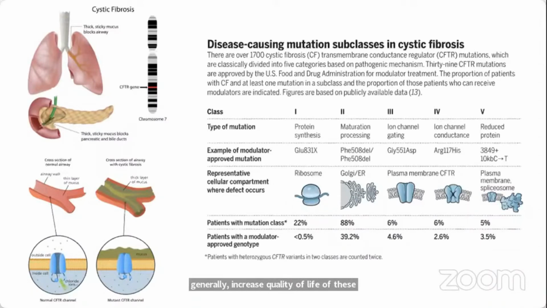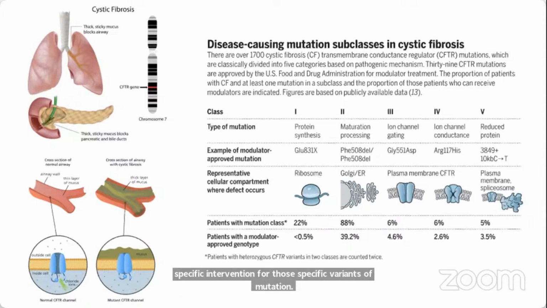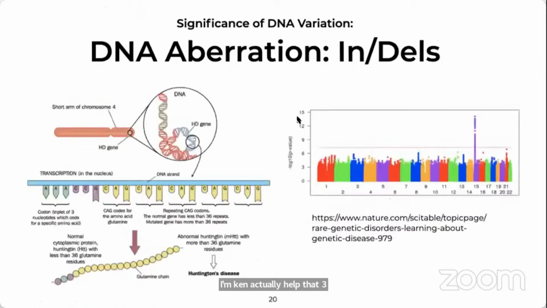Until now, we have only succeeded in extending the life expectancy of these patients, and when we end up improving the quality of life, then people can consider this a success story. But nonetheless, understanding the mutations at several different molecular levels will help us generate specific interventions for those specific variants or mutations, and help treat patients suffering from these deadly diseases, right?